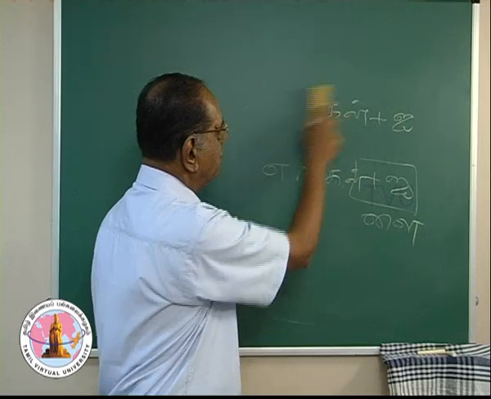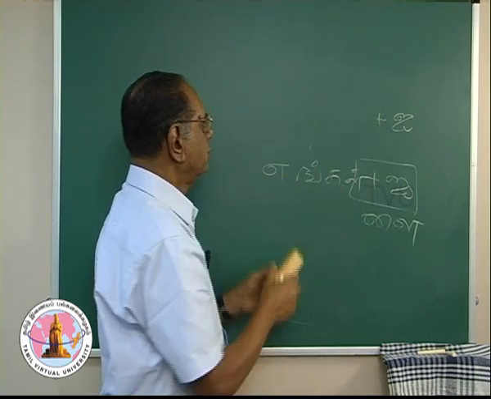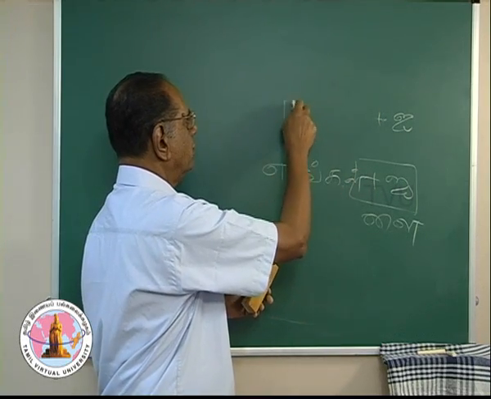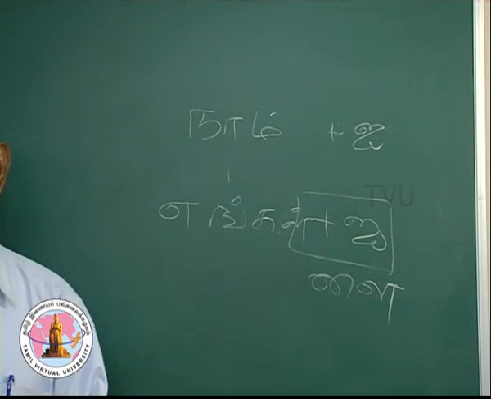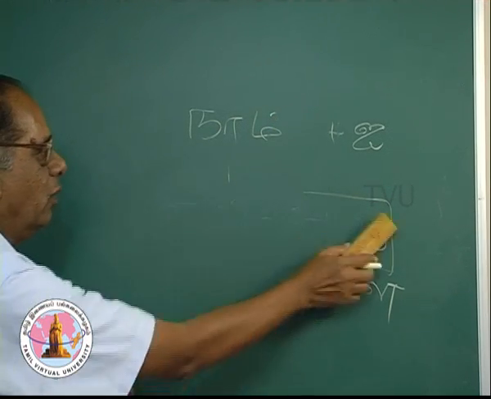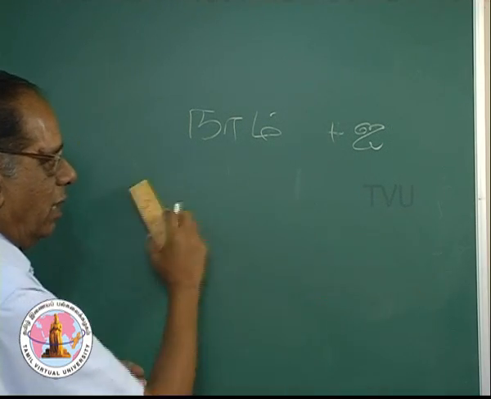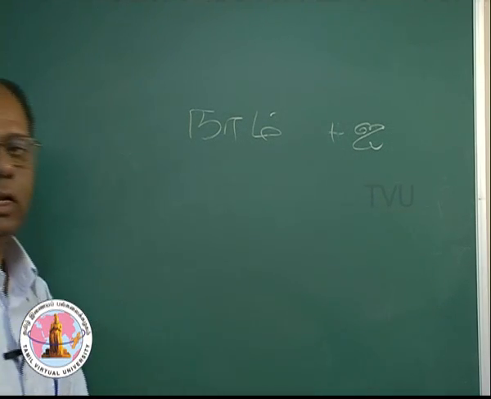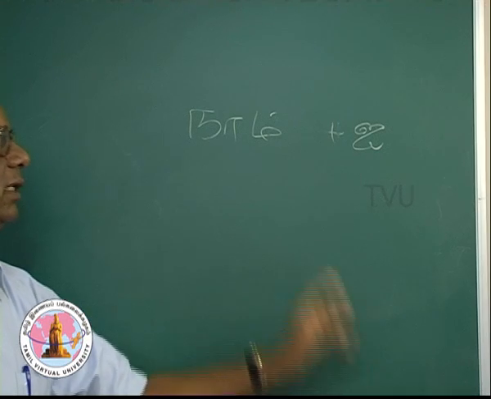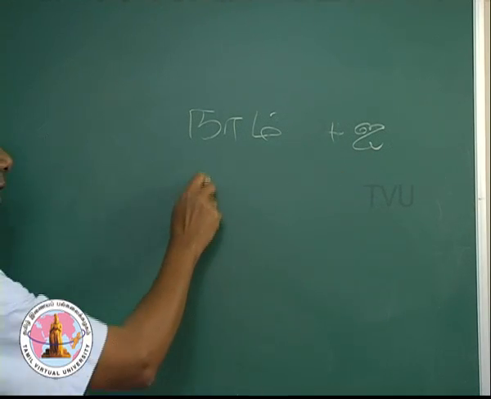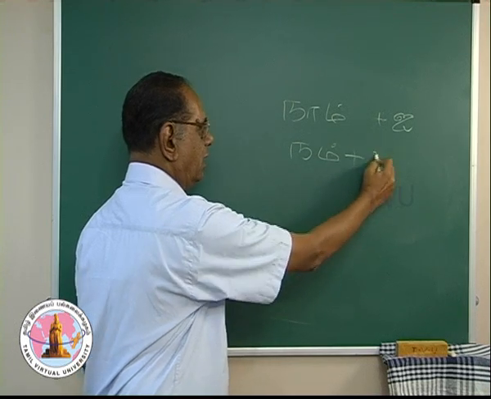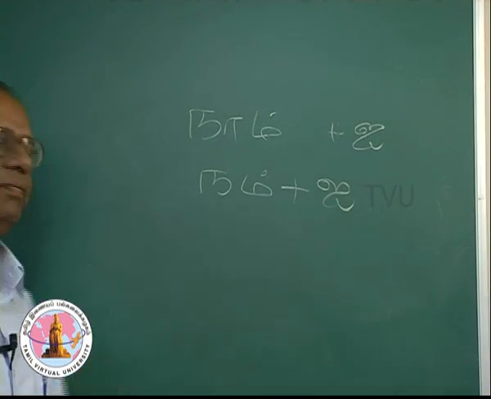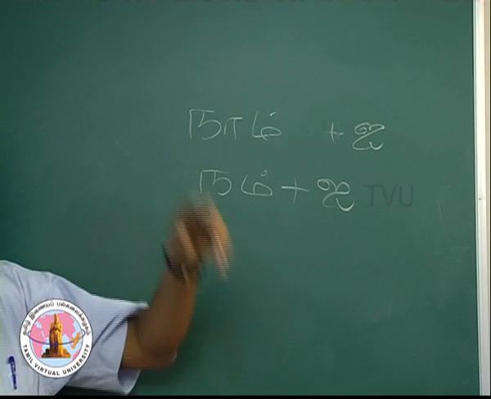What will happen? Instead of Nangal, I put another term. Nam. Nam is inclusive pronoun of first person plural. Nam plus I. This will become first nam and then take I. Now what will happen?